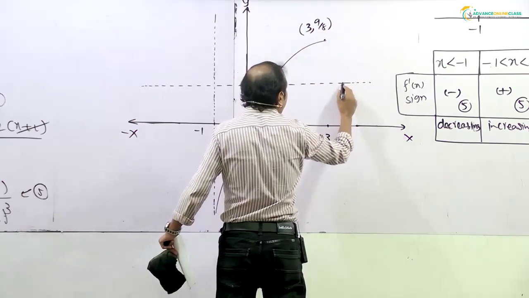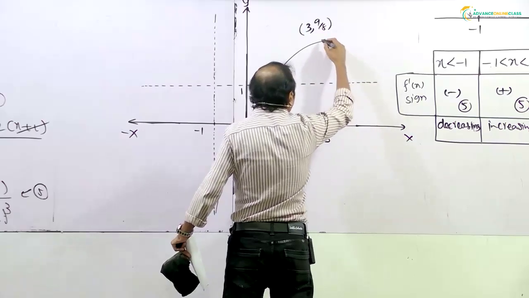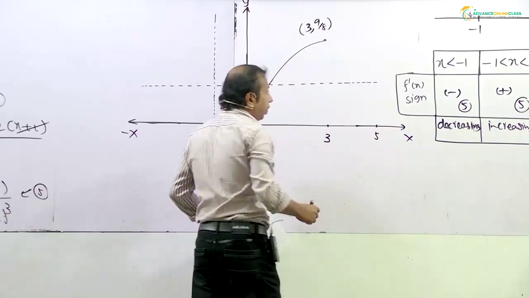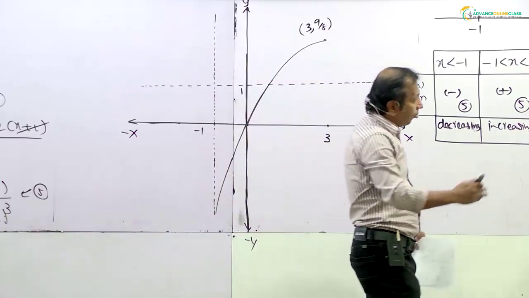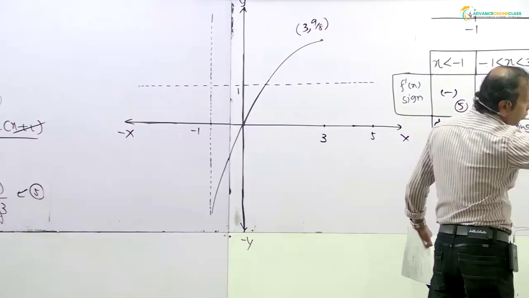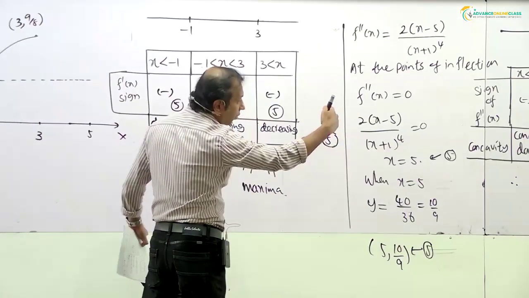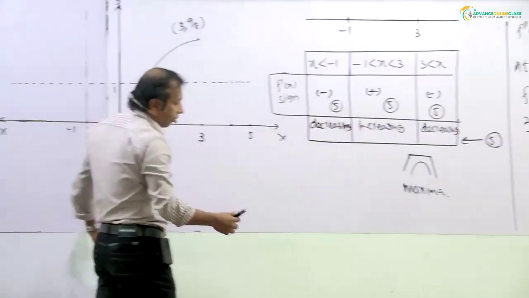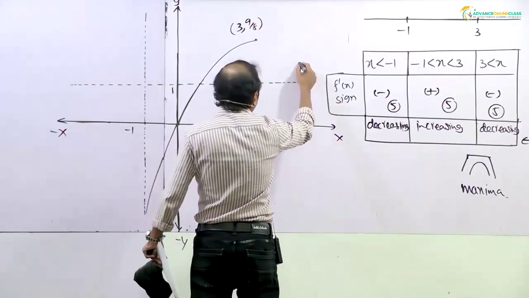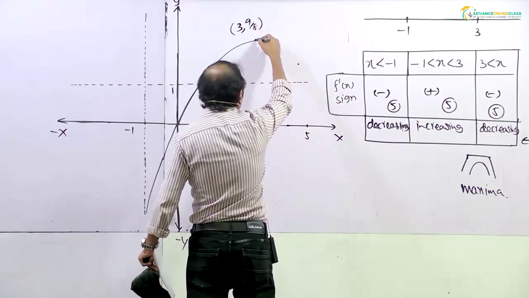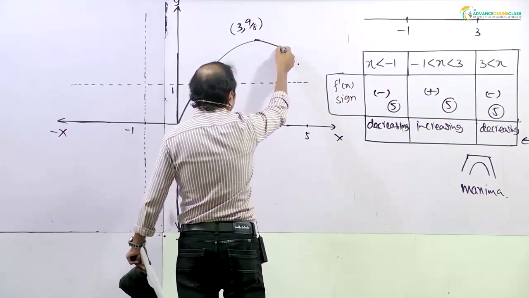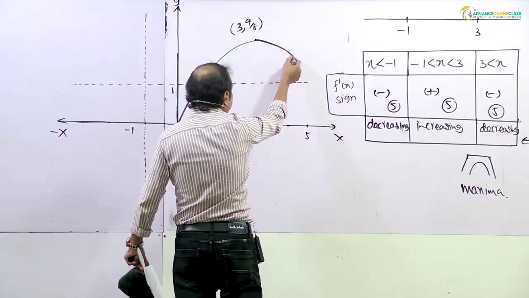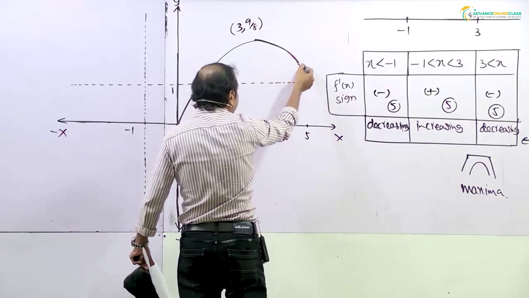Okay. Now here it turns like this. At x equals 5, if I take somewhere here, there's a point of inflection. Just before 5, concave down. Just after 5, concave up. Point of inflection is 5, 10/9. Like this here. Concave down here. Concavity changes at this point. Concave up here after that.